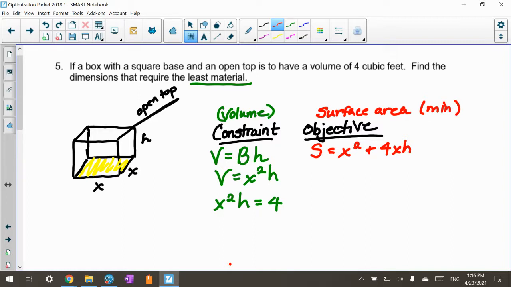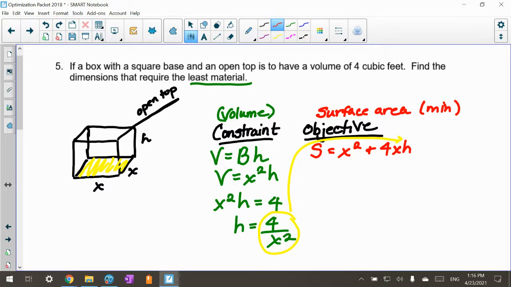I kind of have Christmas colors here. I didn't intend that. So I can get this all in one variable, I want to solve for one variable here. You can solve for x, but you'd have to take a square root. It's just harder math. You can do it though. But I just solve for h, which is 4 over x squared, and put this in the h spot so I can get my surface area all in terms of one variable.